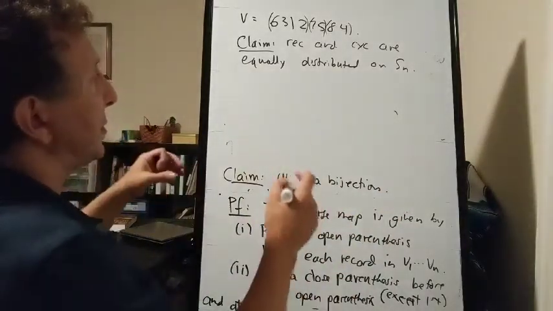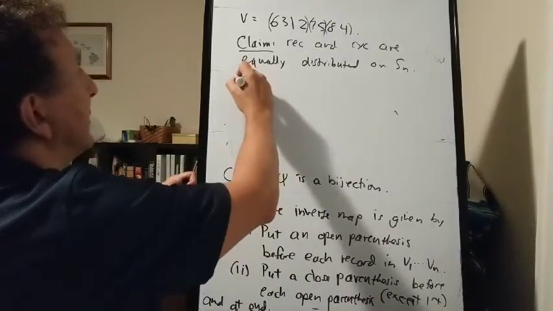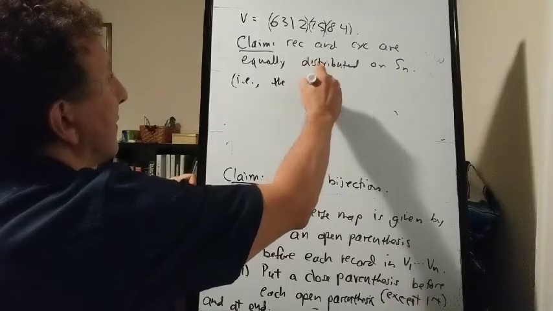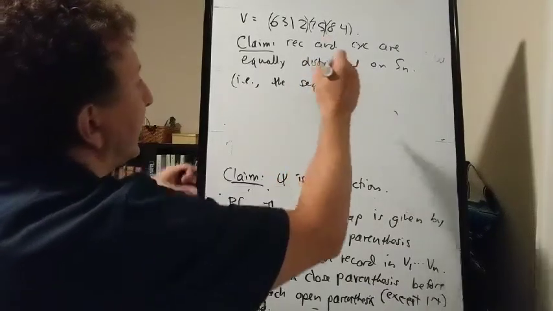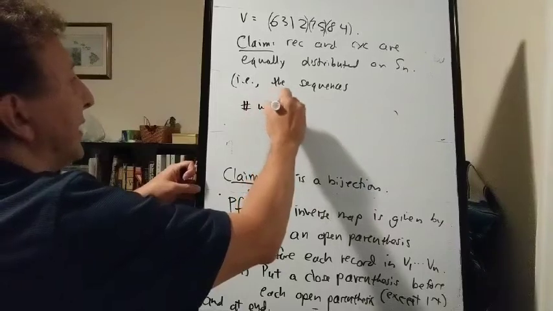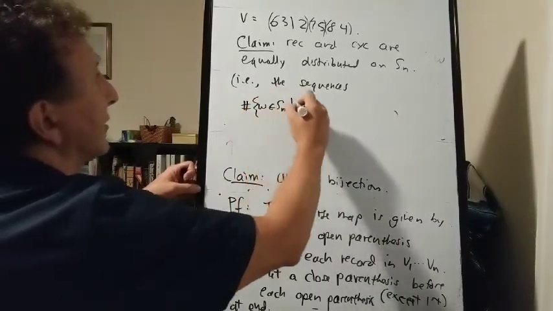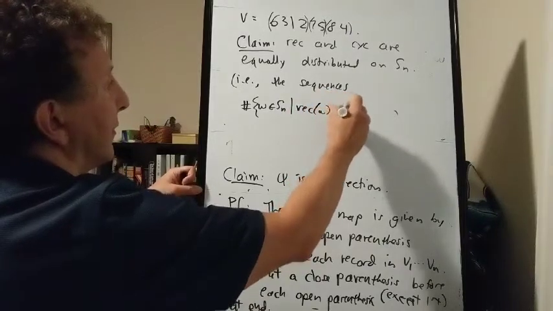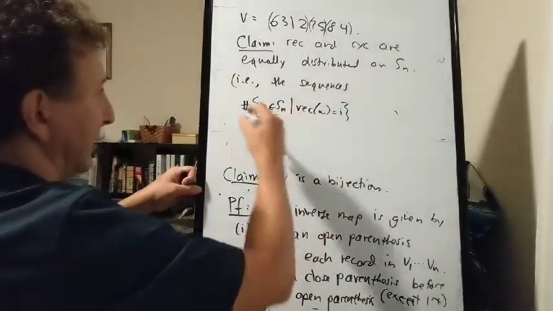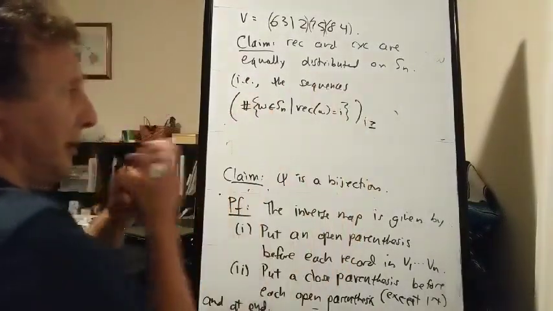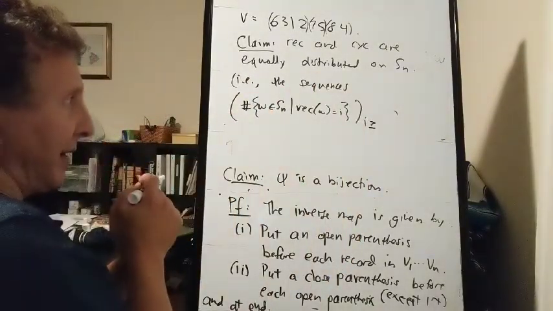By equally distributed, I mean the sequence of the number of permutations in Sn such that the permutation has i records, as i goes from the lowest value it can to the highest value it can.